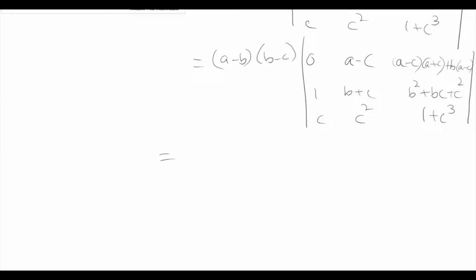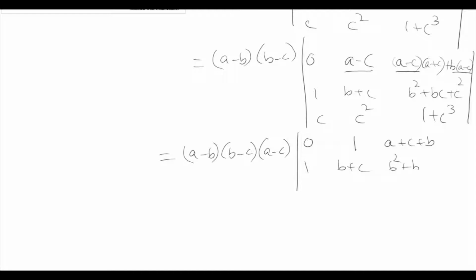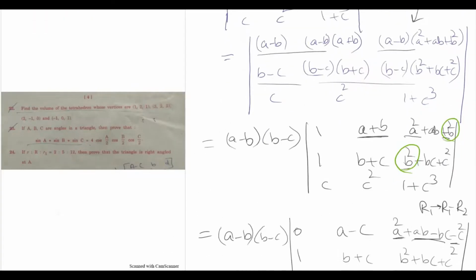That equals, I can take out A minus C common here, so A minus B into B minus C into A minus C of the determinant of 0, 1, here I have A plus C plus B, and then 1, B plus C, B square plus BC plus C square, and C, C square, 1 plus C cube. This entire thing is equal to 0.